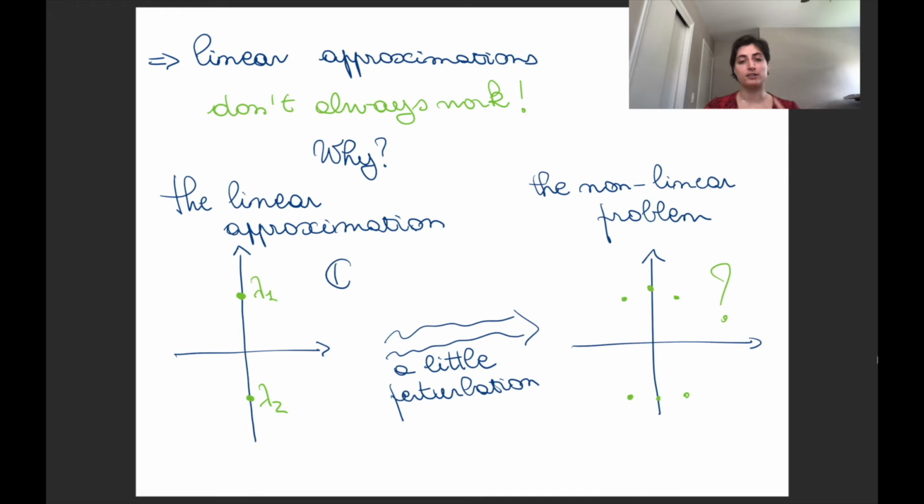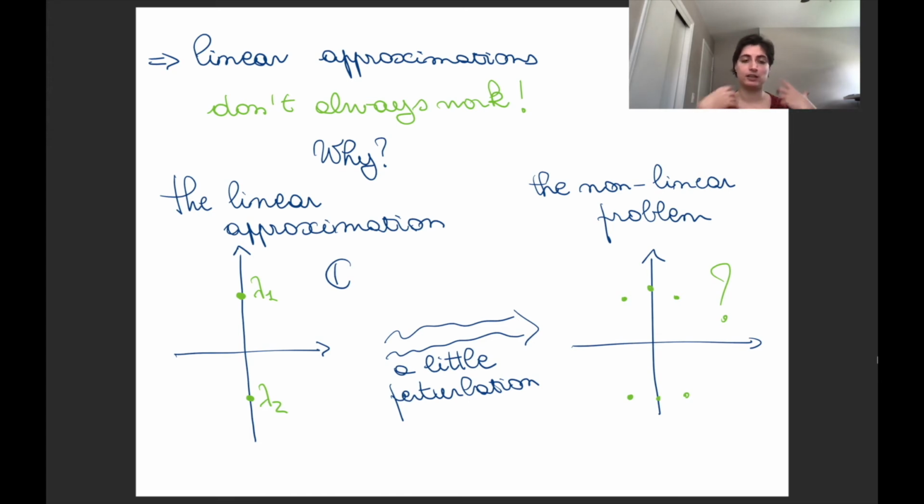That means that the approximation that we built doesn't work, because the linear approximation told us the critical point was a center, but if we did our math correctly, we found out that it wasn't. It was an unstable spiral. Why does this happen?